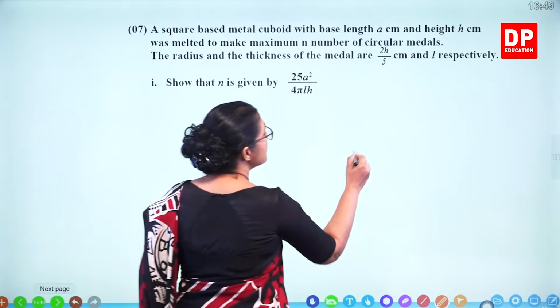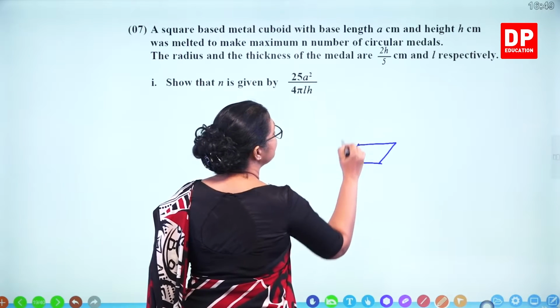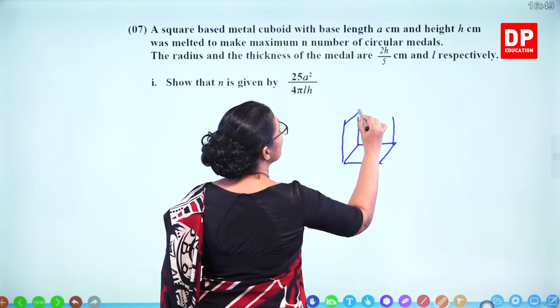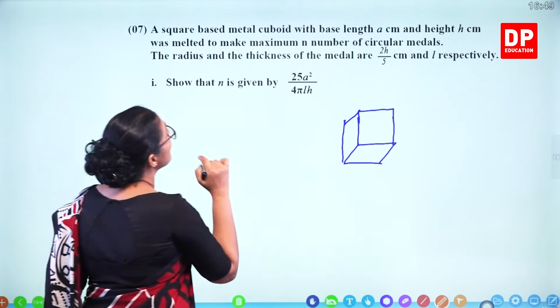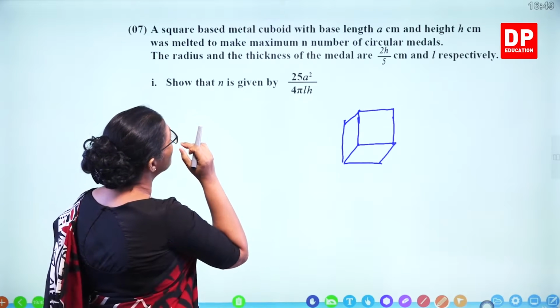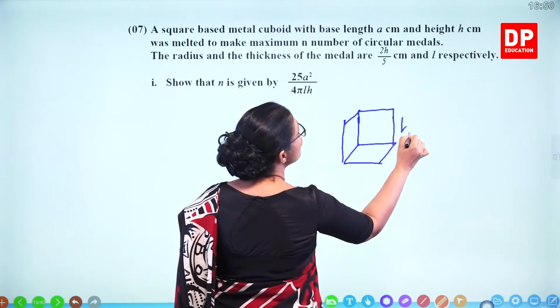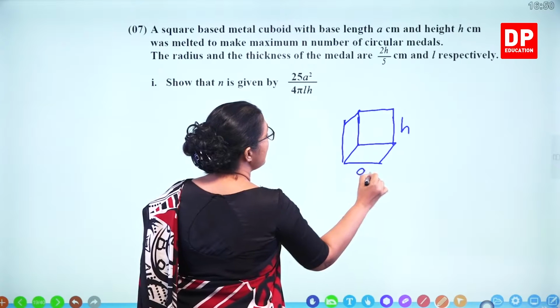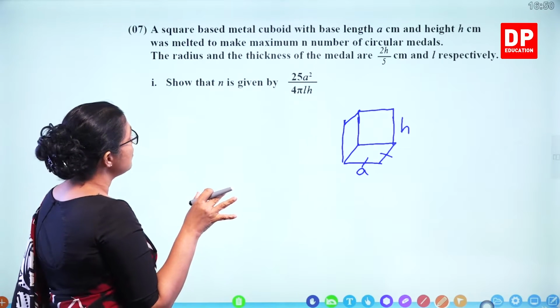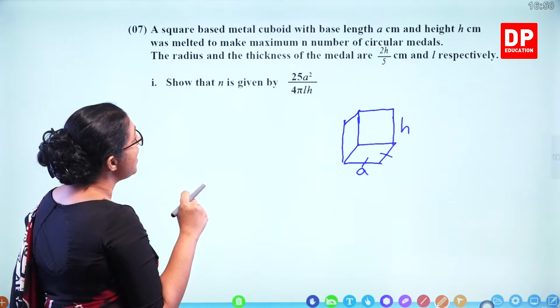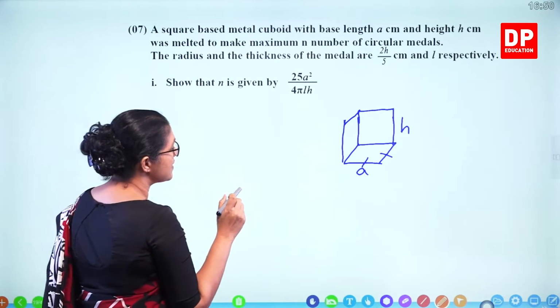Cuboid, square base cuboid. So the height is h and length is A. So these are equal. So this is melted and maximum n number of circular medals.